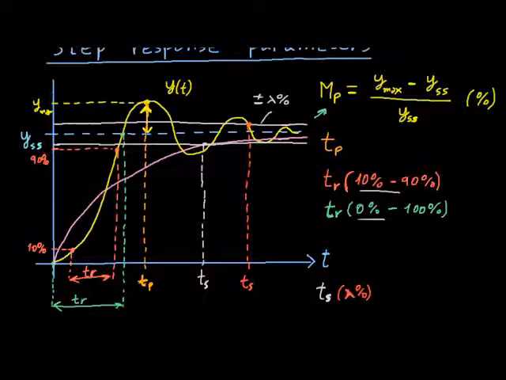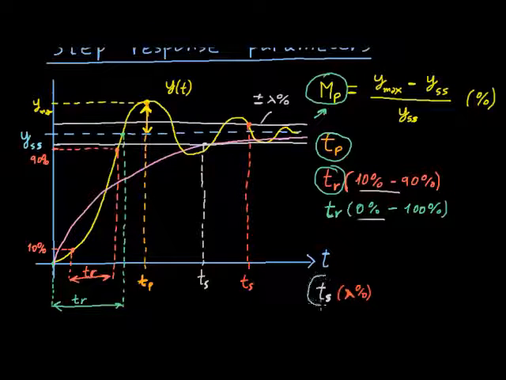So these are the four parameters that we'll use to characterize the step response of any system, and the way in which many transient specifications will be defined.